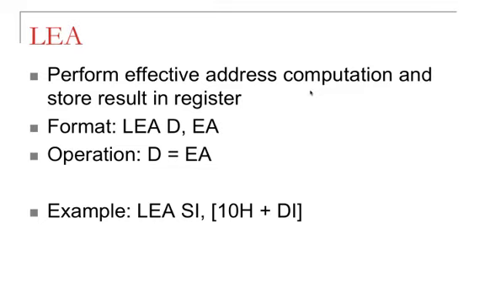And this LEA instruction will copy that effective address into the destination operand, which is SI in our case. As a result, after this instruction is completed, SI will have the value of DI plus 10 hexadecimal.